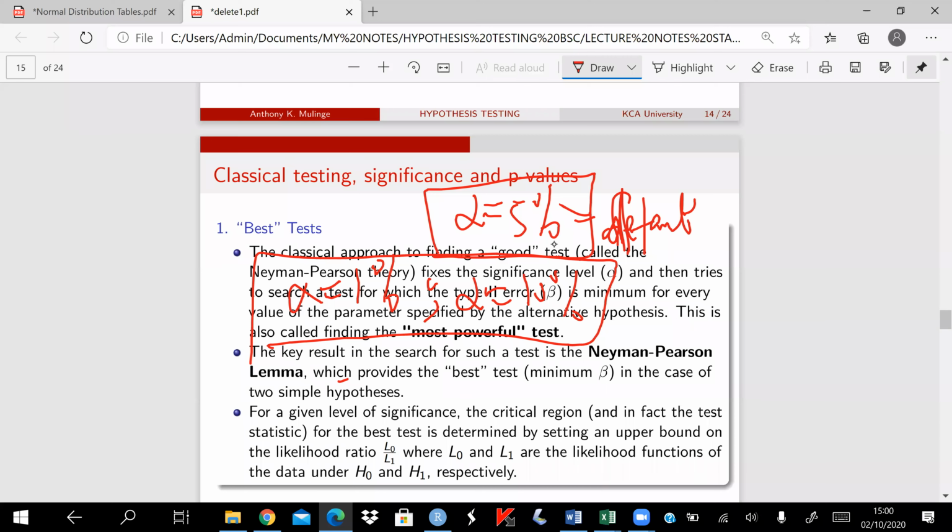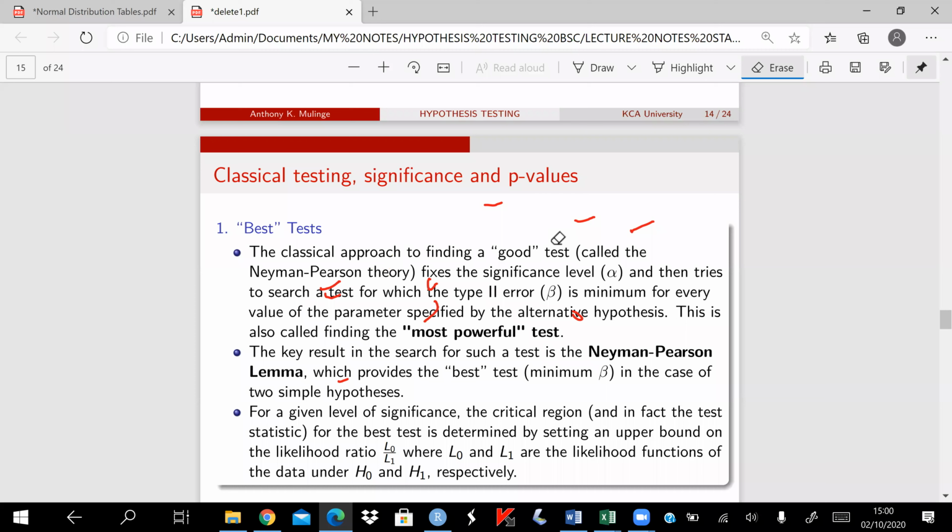Okay, so after you fix the level of significance, you try to search for a test that minimizes type 2 error. You can use simulation to get different candidate values of H1.